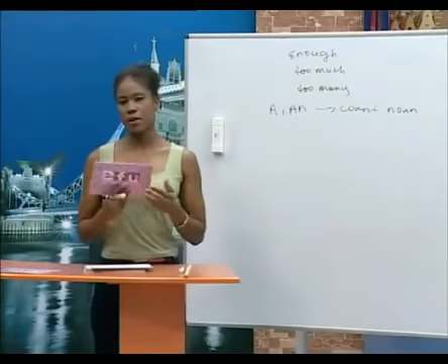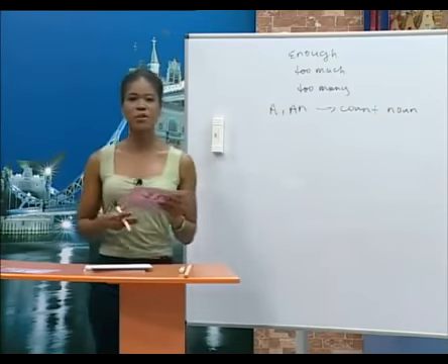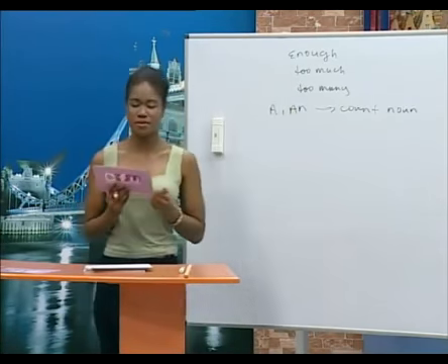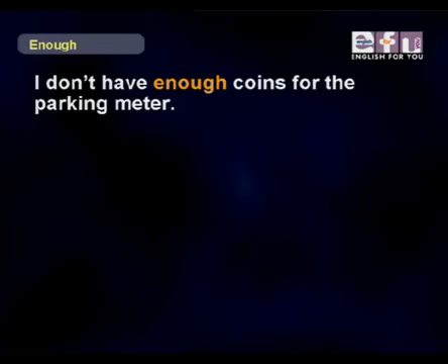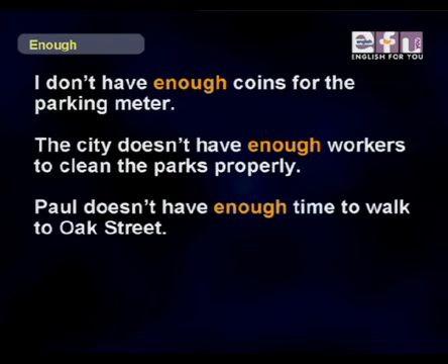Enough. We are now going to learn some new quantifiers. The first one we will look at is enough. Let's read some examples. I don't have enough coins for the parking meter. The city doesn't have enough workers to clean the parks properly. Paul doesn't have enough time to walk to Oak Street.